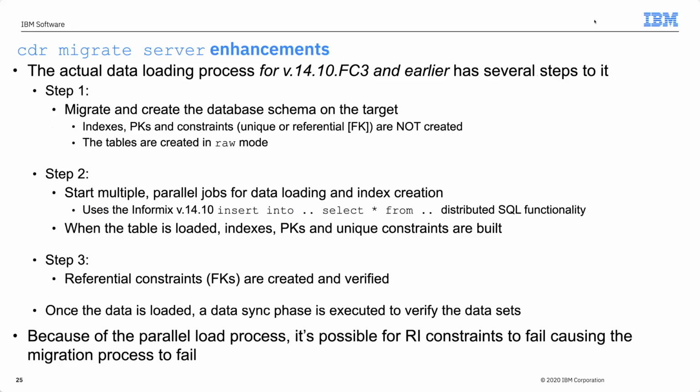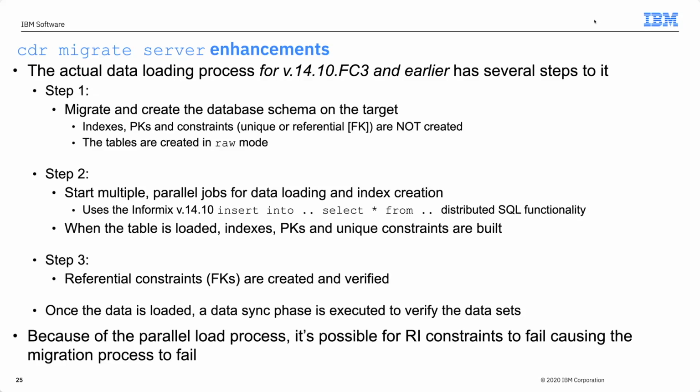So in 14.10 FC3 and earlier, the way we sent the data over was we would create the database schema on the target, we would not create the indexes, the primary keys, nor any constraints because the tables were in raw mode. Then we'd run these parallel load operations. And when the parallel loads were finished, then we would build all the indexes, primary keys, constraints, and so forth, and do a referential integrity check.